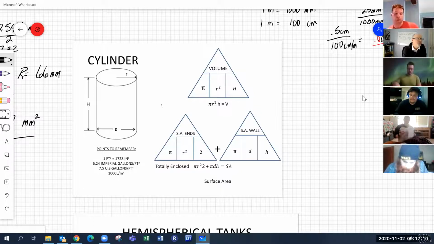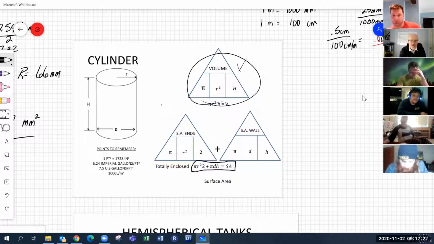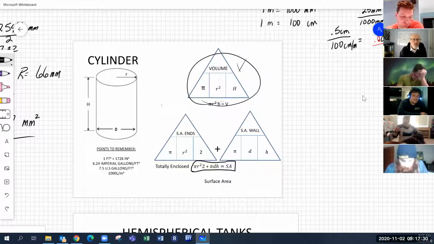Now, I'm not going to go over the volume one with you, not yet. We want to know the surface area one down here. So we're talking about areas. And the surface area of a pipe is maybe I need to insulate something. So that's what we go with surface area of a pipe.